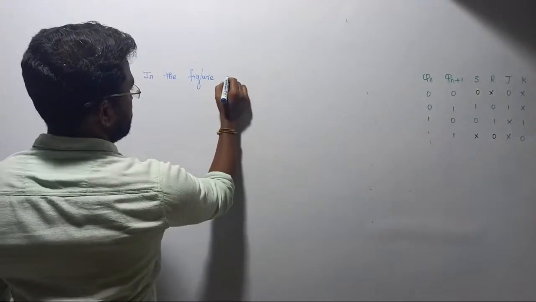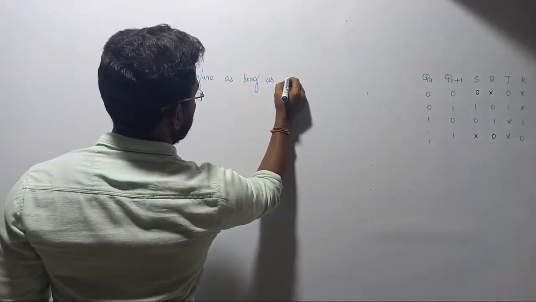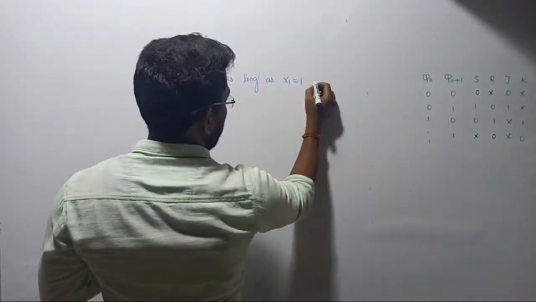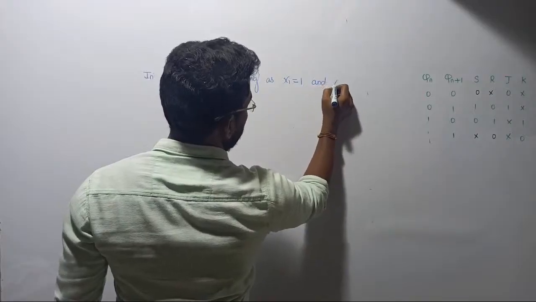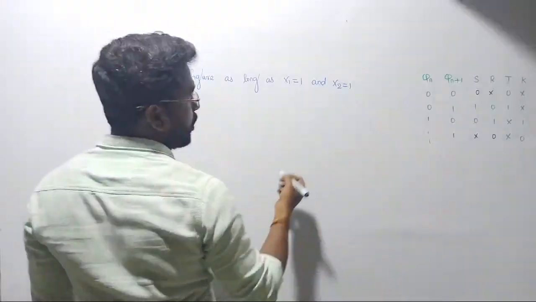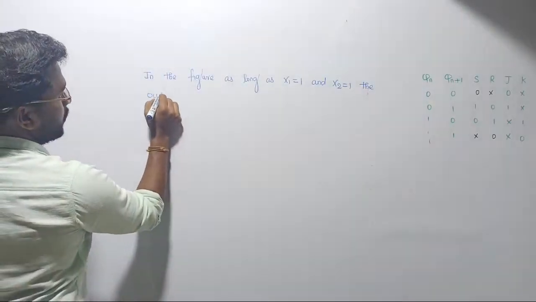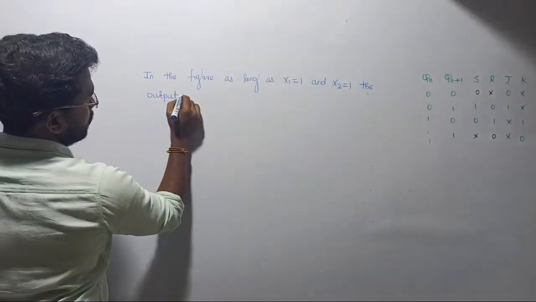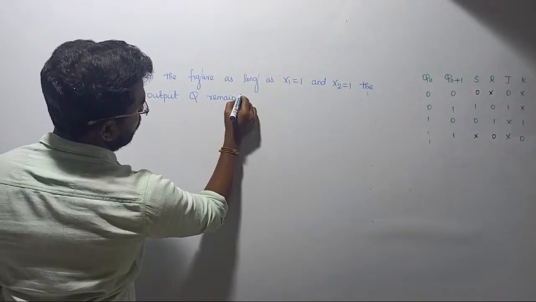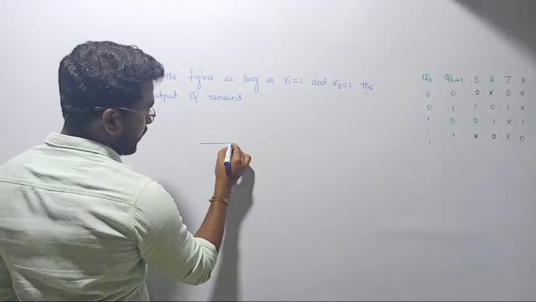As long as x1 equal to 1 and x2 equal to 1, the output Q remains. The question is about the output. The output Q remains, right?